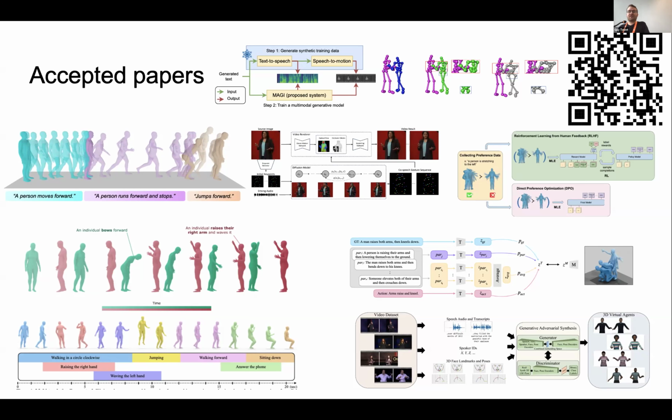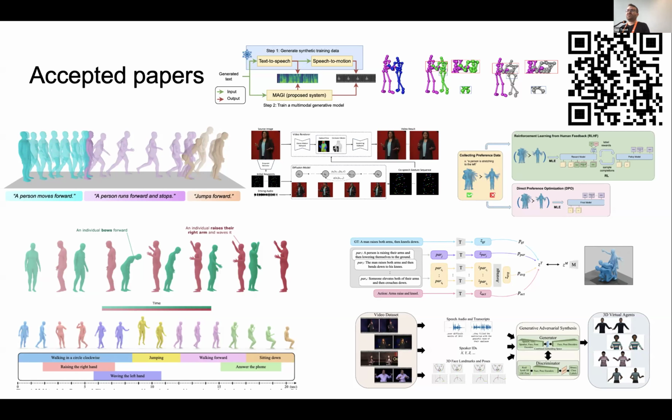This track gives an additional opportunity to present motion papers that were accepted to the main conference, alongside initiatives from the industry. Out of the 9 accepted papers, 1 was chosen by the committee as the first UMOGEN best paper, which will be announced at the end, as I said.